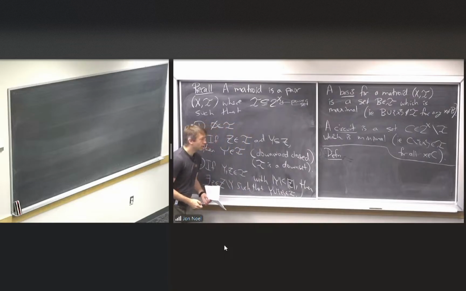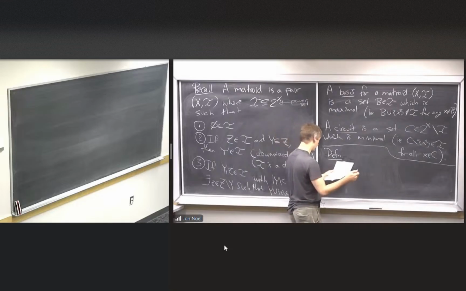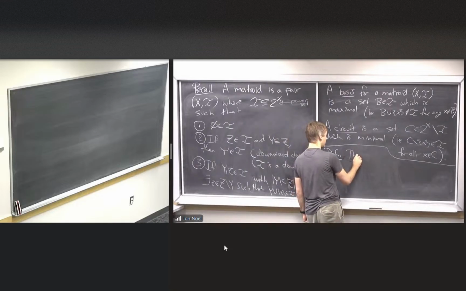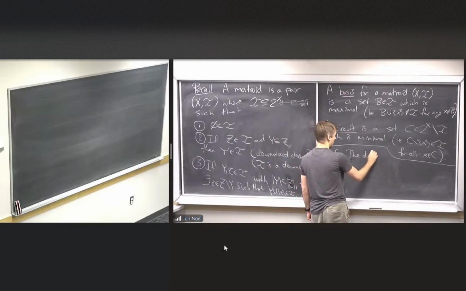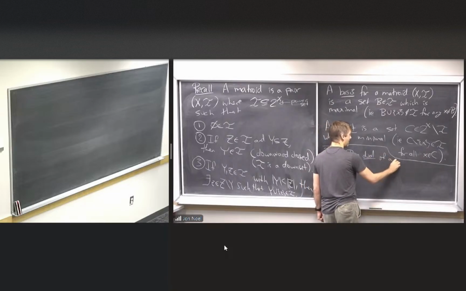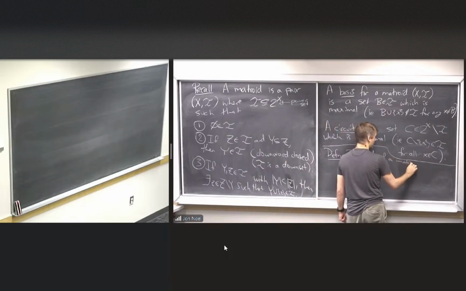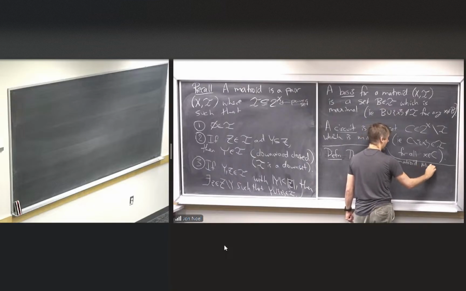So the next thing I'll tell you about is the concept of the dual of a matroid. So the dual of a matroid, let's say the matroid is M, which is (X, I).